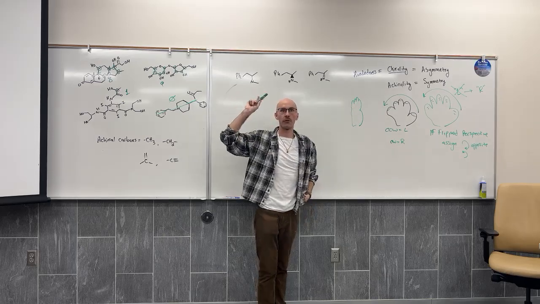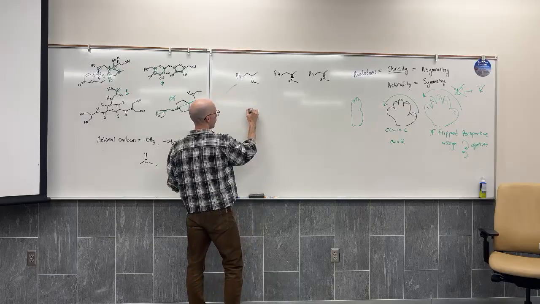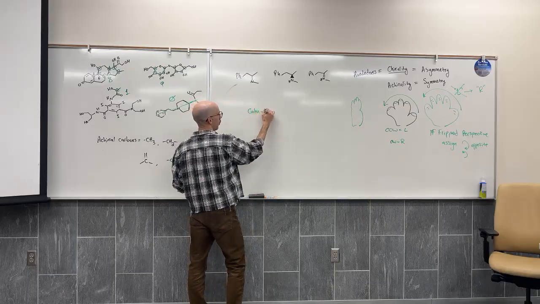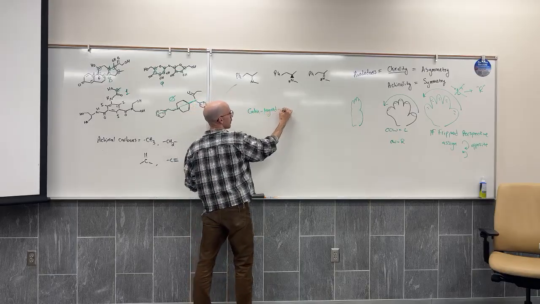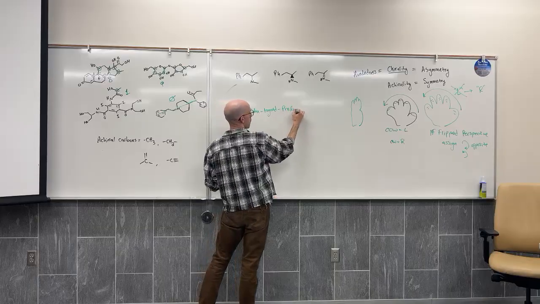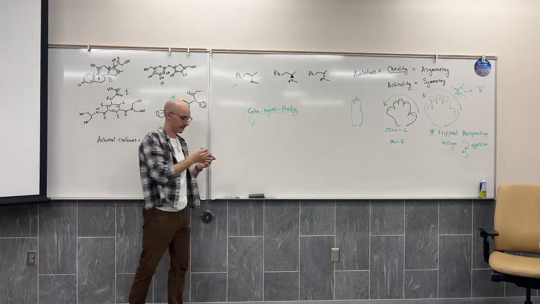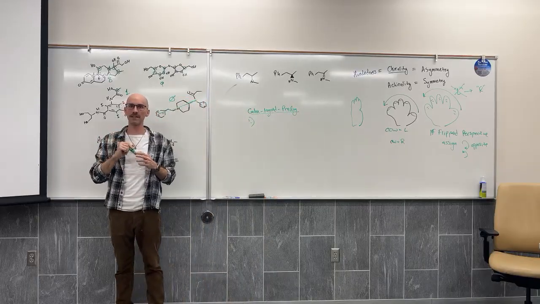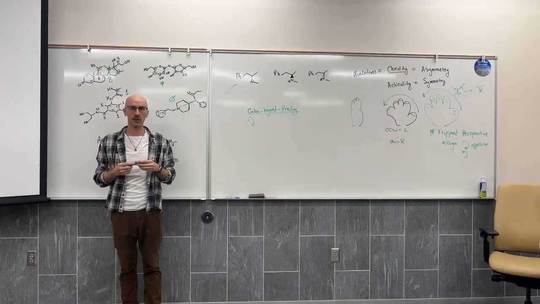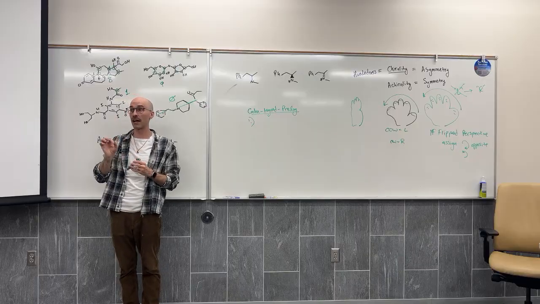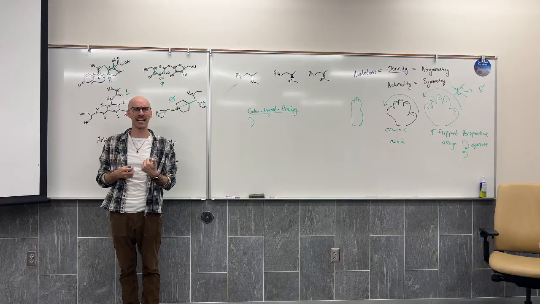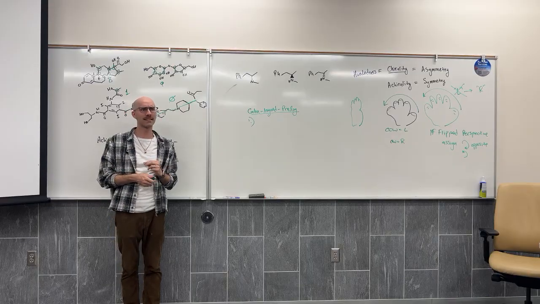So the rules that we're going to follow are called the Cahn-Ingold-Prelog rules, named after 3 dead men. And then the names that they established, or the rules that they established for chiral centers. Because it doesn't matter that we call our left hand left and our right hand right. That is irrelevant.